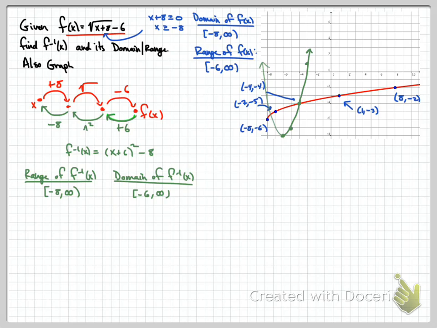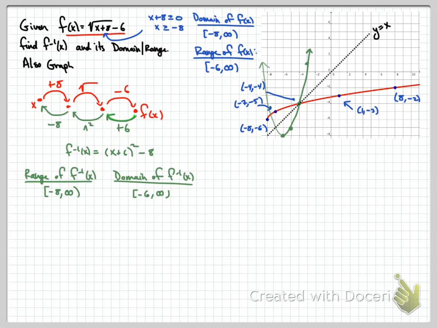And note that this guy is definitely going to be symmetric about the line y equals x, which I think is very, very awesome, right? There is our line y equals x, and our graph is completely symmetrical about it. The only ordered pair that stayed exactly the same was right here at -4, -4. And that's exactly how we go about finding the inverse and its domain and range and going ahead and graphing it.